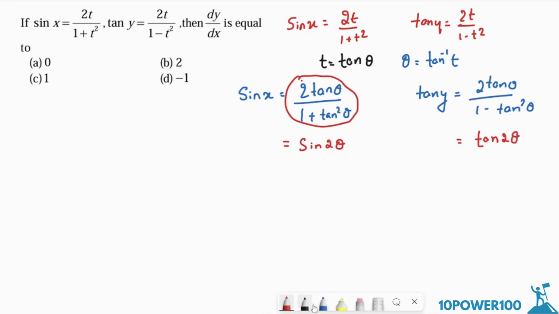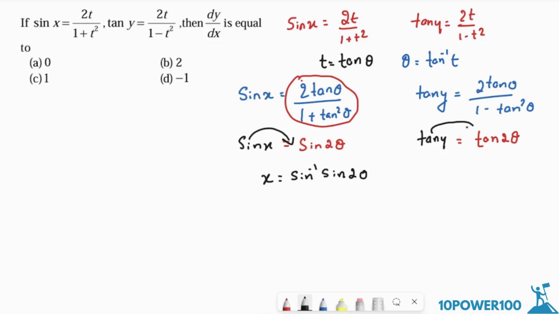Now if you transpose the trigonometric functions, we get x is equal to sine inverse of sine 2 theta. So here we had sin x equals sin 2 theta; I brought sine to this side. And here tan y is equal to tan 2 theta.